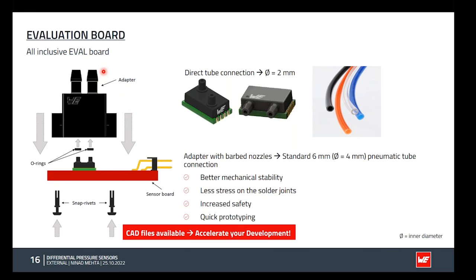So when we use this adapter, there is less stress on the sensor, and also in terms of hazardous gases, when there is a danger of leakage, this provides additional safety. The CAD file for the adapter is already available on our website, so maybe you can also use it for your applications, or modify it, depending on your requirements.